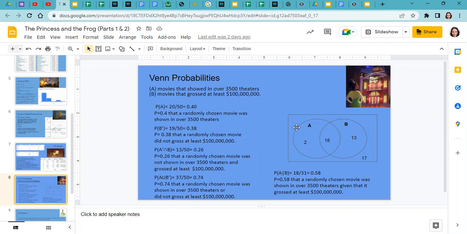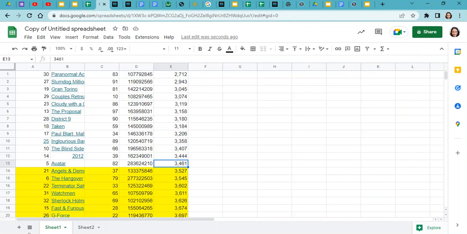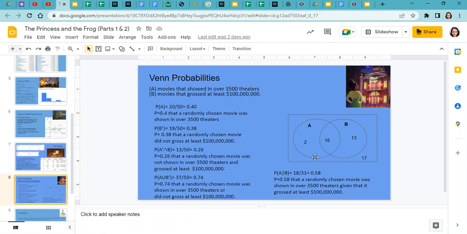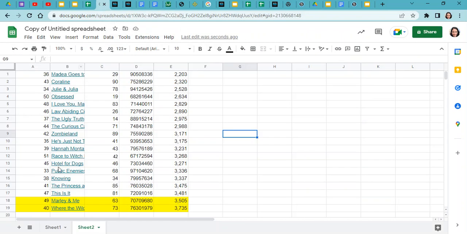So going back to my project, I put the 13 over here, and then on this sheet, sheet 2, these 2 movies did not have $100 million, but they did have 3,500 theaters, so those 2 went into my Venn diagram here, and these 17 had neither, they did not have $100 million, and they did not have 3,500 theaters, and those were the 17 from here.